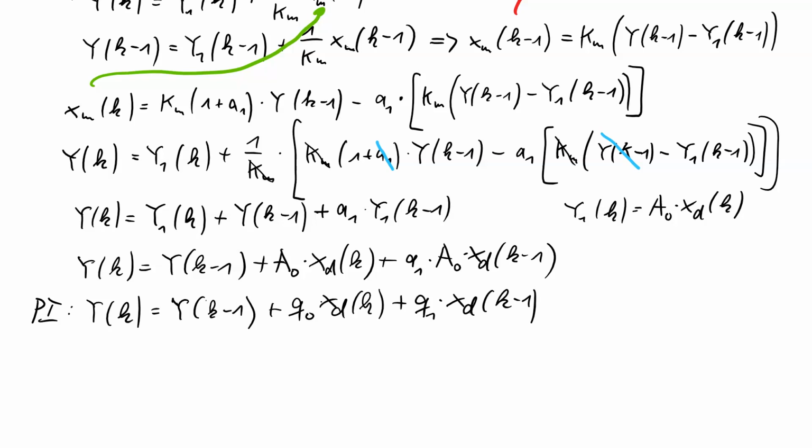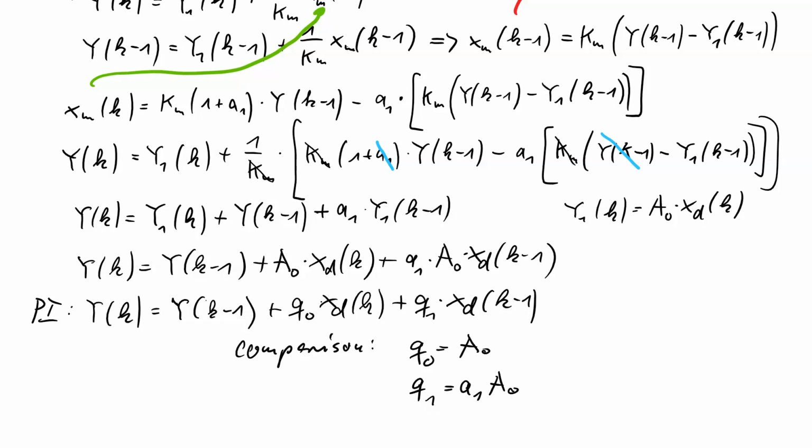So we can say, very similar, if q0 is a sub o and q1 is a1 times a sub o, then we can really compare them.